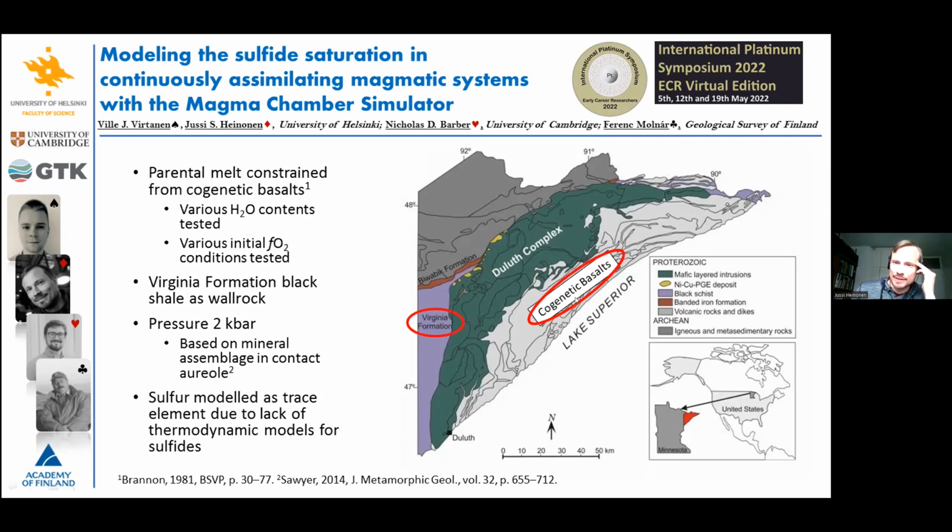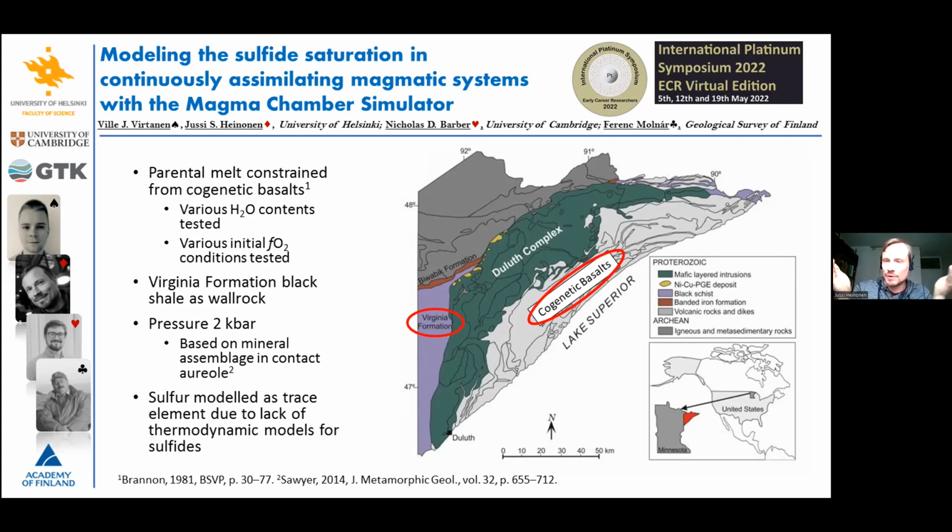So we selected parental melts according to the cogenetic Midcontinent Rift basalts, and this is something that people have also done previously when modeling the Duluth Complex, using the basalts as parental melts. And we pre-tested different H2O contents and different oxygen fugacities for the magmas in order to find out how the phase equilibria change when we change those parameters.